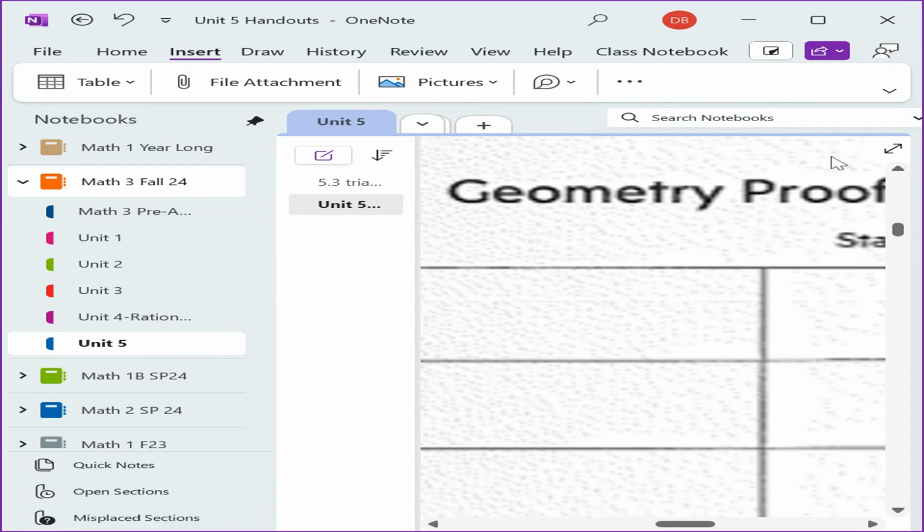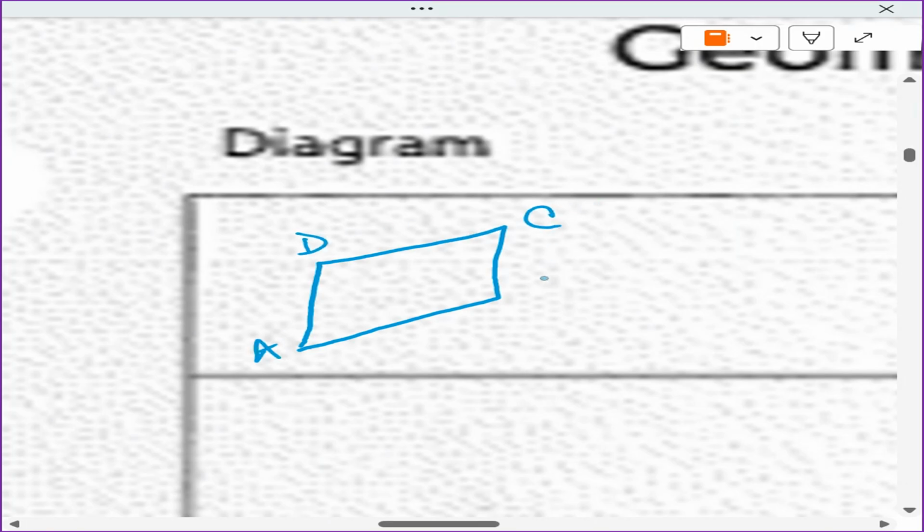Over here, where it says diagram, I'm going to just draw this sketch. It's not going to be perfect. This is A, D, C, B. This angle is congruent to this angle, and then this angle is congruent to that angle. Okay.